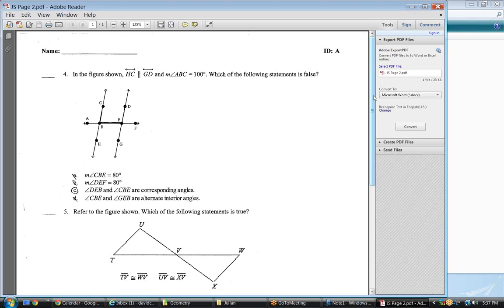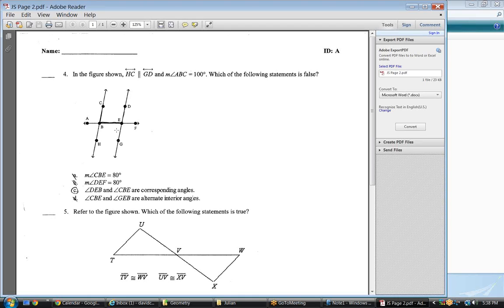One moment, I'm looking. So A cannot be right because they haven't labeled any angles here. So we can't say any angle in that picture is anything. So neither A nor B can be right. Okay. D, E, and G, E, B are alternate interior angles.